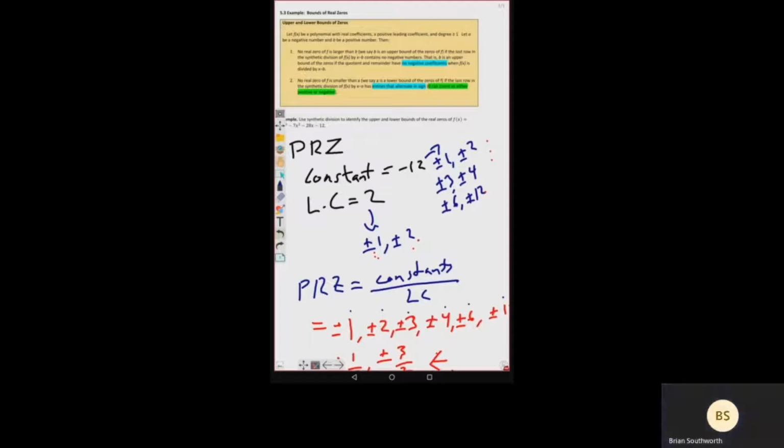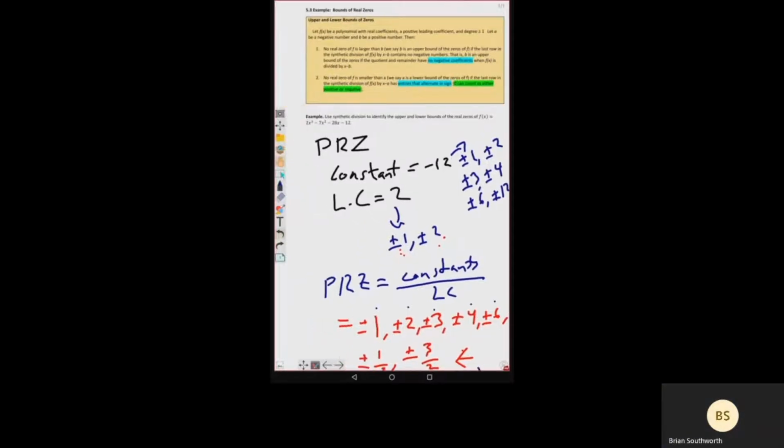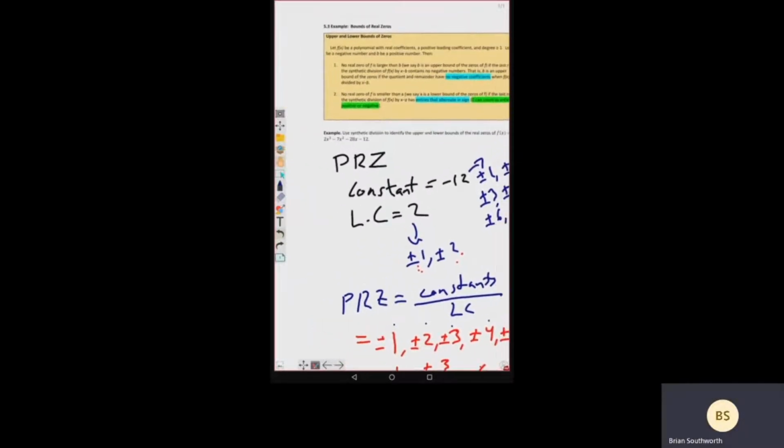So, synthetic division, right? Note your values. You have 2, minus 7, minus 28, and minus 12.